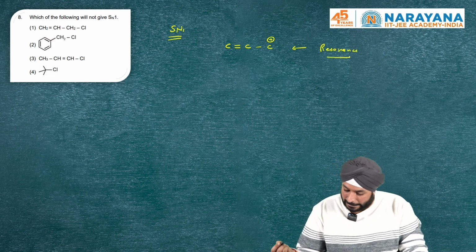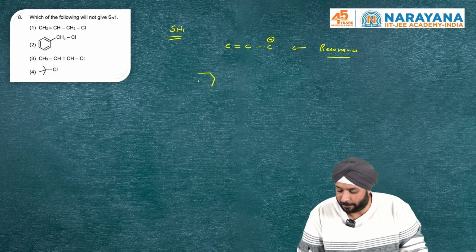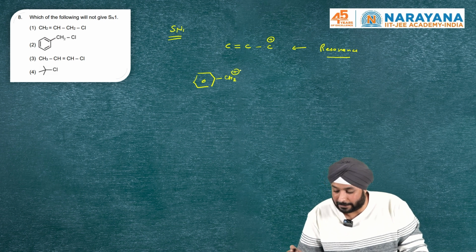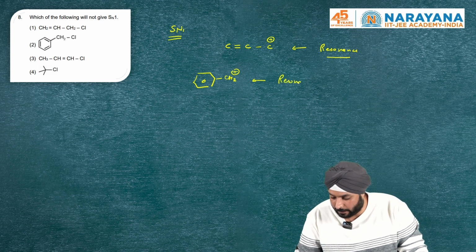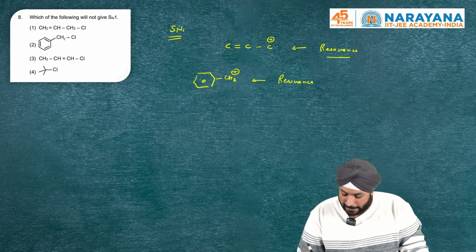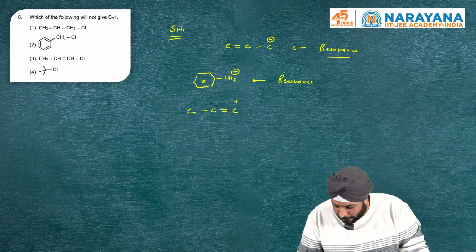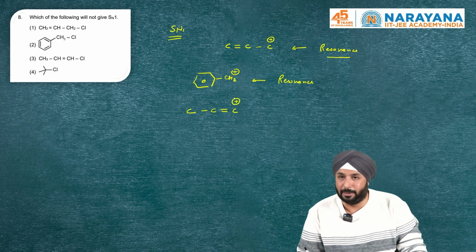It can form easily. Second, you have a benzyl carbocation. Again, this is highly stable, stabilized by resonance again. Then you have a positive charge on a vinyl type carbon.